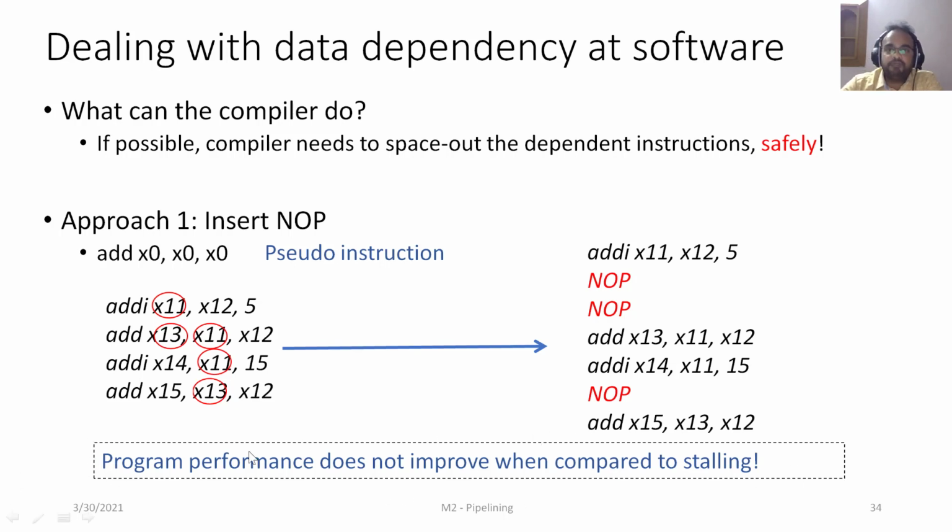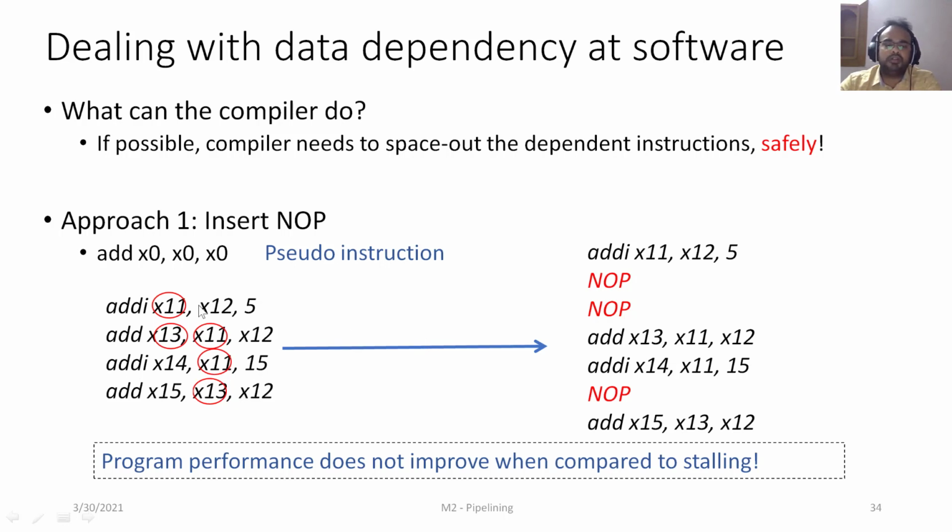So if we look at the performance aspect, basically we are trying to execute 4 instructions. In the ideal pipeline, we would have expected the instructions to complete like this: in the fifth cycle, the first instruction would complete, sixth, the second, seventh, the third instruction, and eighth, the last instruction would complete, right?